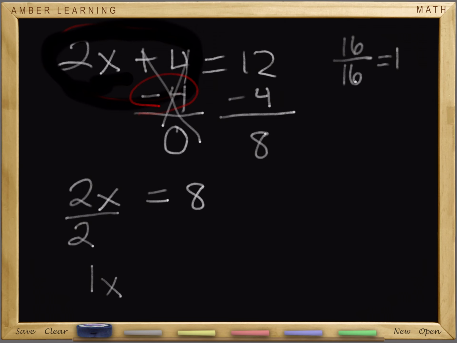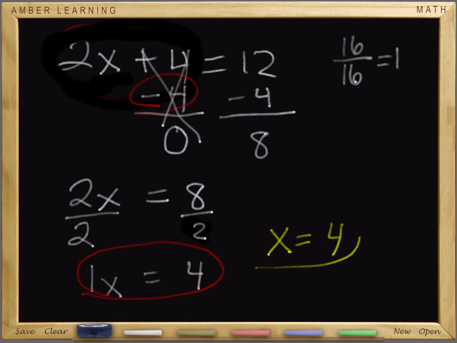But if I do that there, I certainly need to do it over here as well. So 8 divided by 2 is 4. The final result is 1x is equal to 4. When we just have 1x, we don't need to put the 1 there anymore because that's inferred. So the final answer is simply x is equal to 4. And that's how we solve for x.